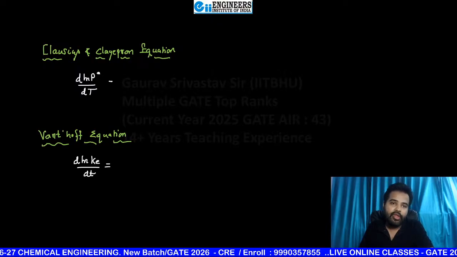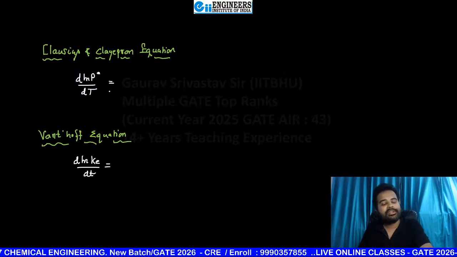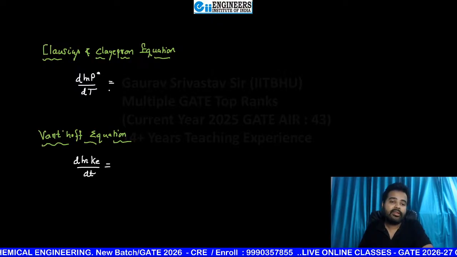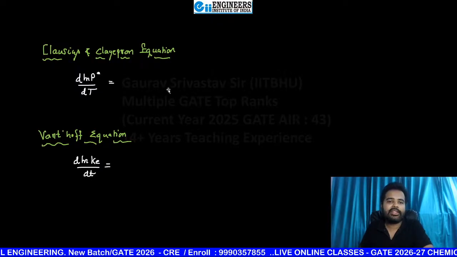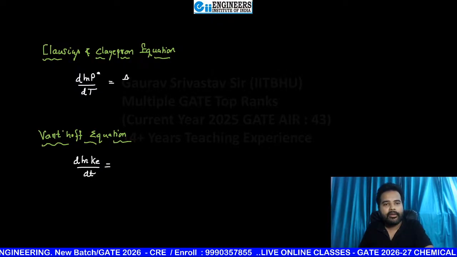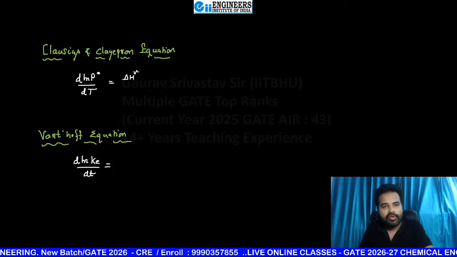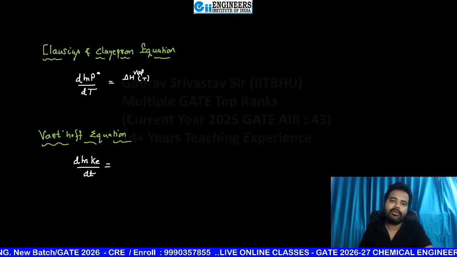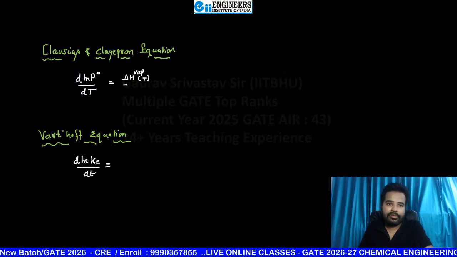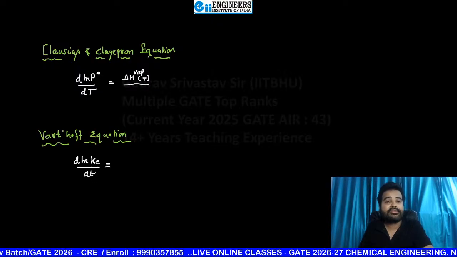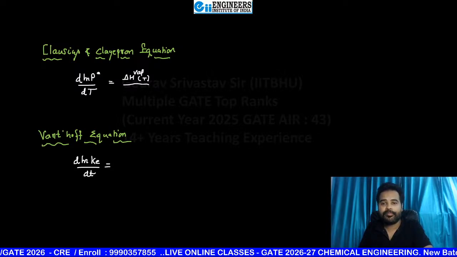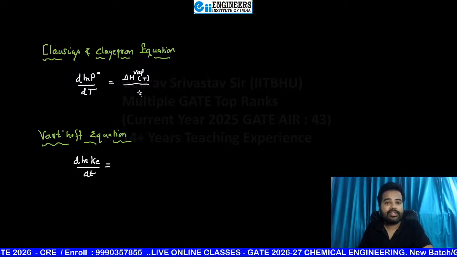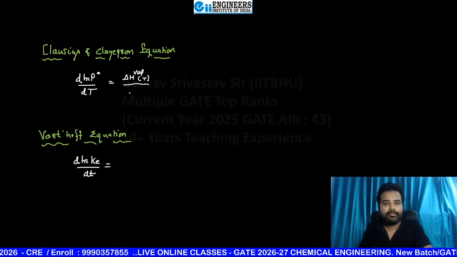On the left-hand side, you can see P star is substituted by K_e. What is K_e? I will tell you, don't worry. It becomes equal to delta H_vap, and this T represents that delta H_vap is a function of temperature, upon RT squared.